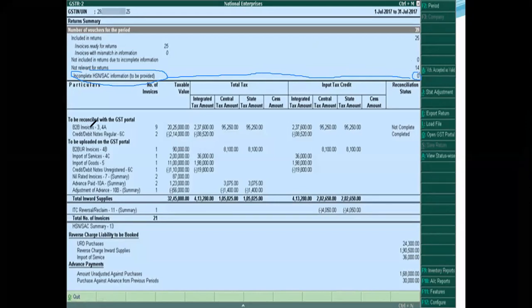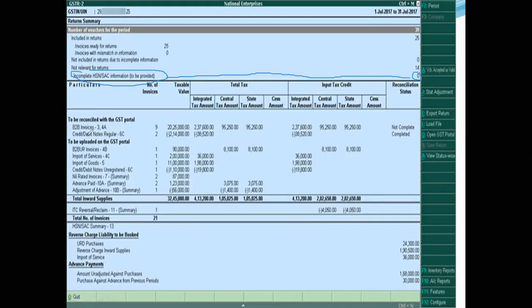Okay, so B2B invoices, business to business invoices, credit debit notes, regular, and B2B UR. UR means unregistered invoices. This is the 4B table. Then we have imported services, import of goods, credit or debit notes registered, nil rated invoices, advance paid, adjustment of advance.